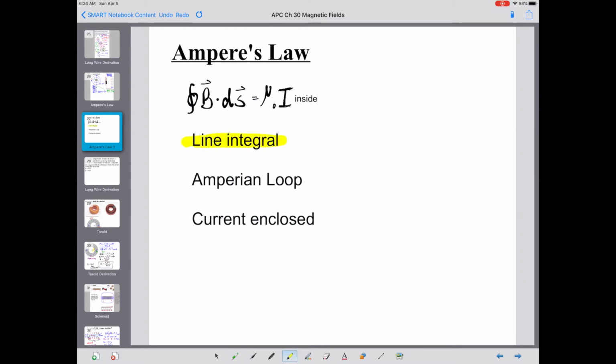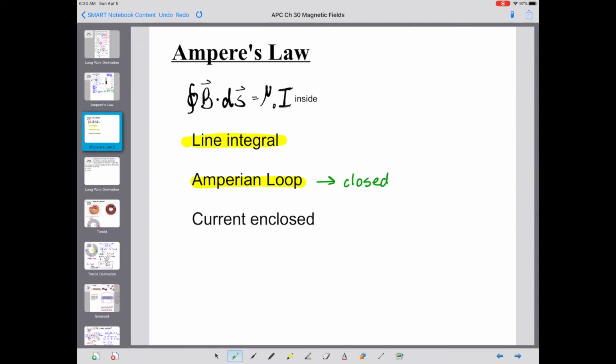The integral that we have here is a line integral. The same way with Gauss's law, we made the calculus easy by sidestepping it and doing geometry. Same thing's going to apply here. We're going to sidestep the calculus, and the geometry we're going to do is that line integral, which might be a circumference or the length of whatever Amperian loop.